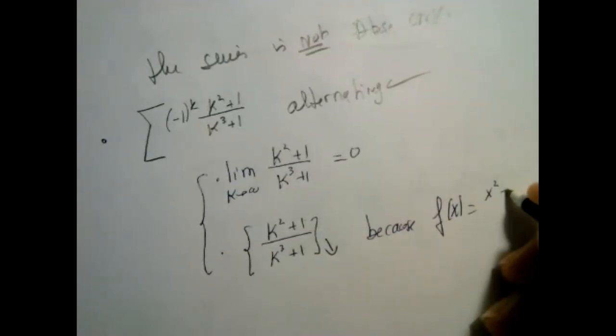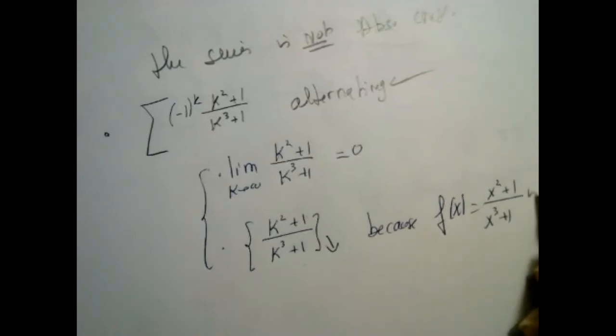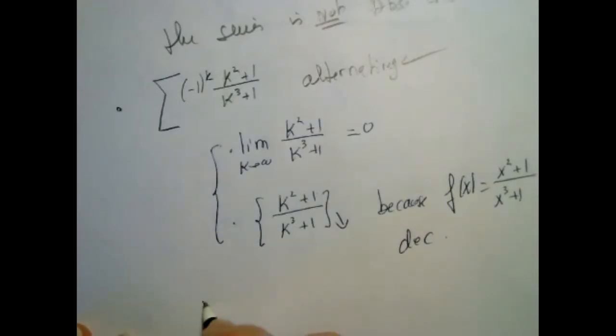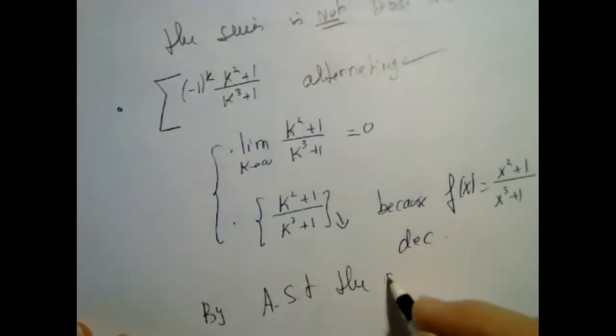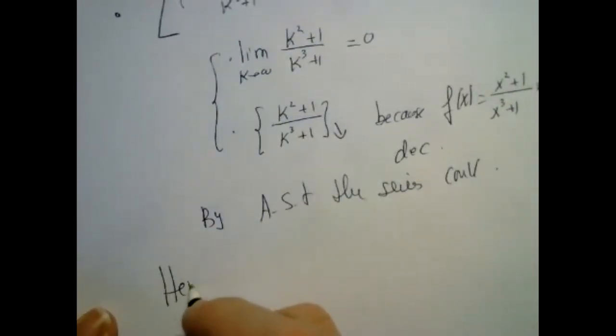That's the only way we can check it's decreasing. So by the alternating series test, the series converges. Hence, it is conditionally convergent.